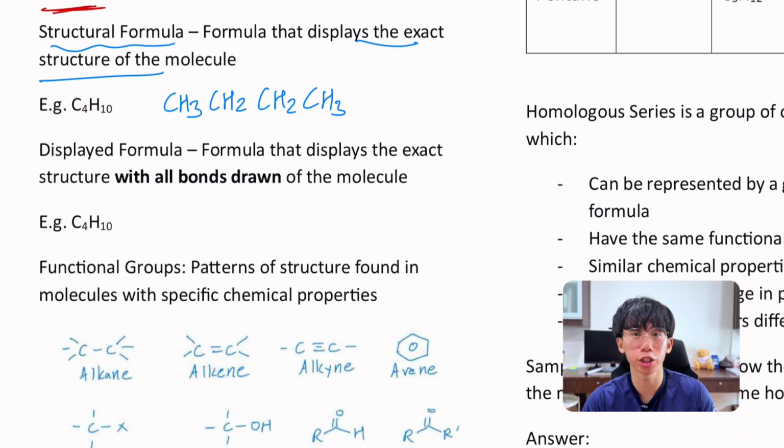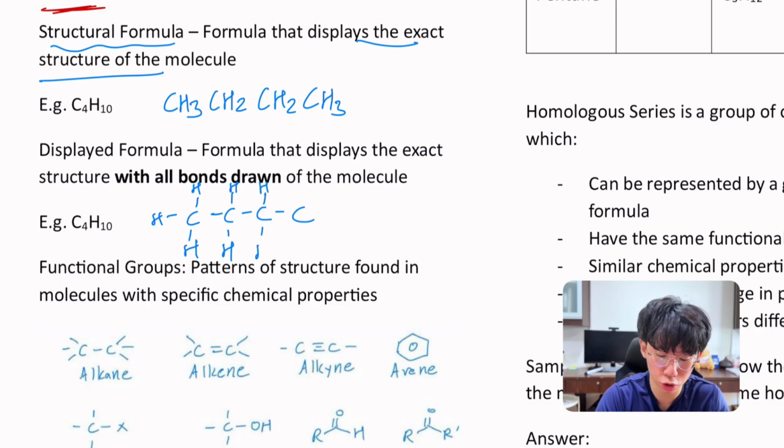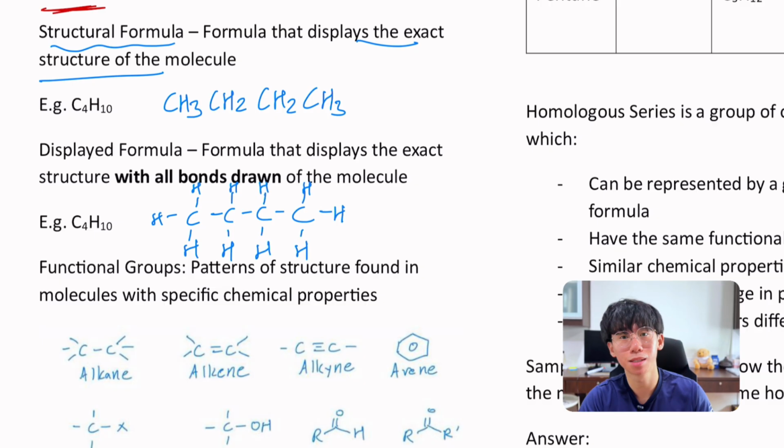If you need more information, there's also the display formula that you might be asked to draw in the exam. The display formula will have all the bonds drawn. So in a C4H10 molecule, CH3, CH2, CH2, CH3 would be represented by this following display formula.